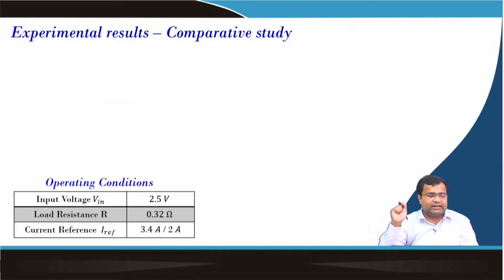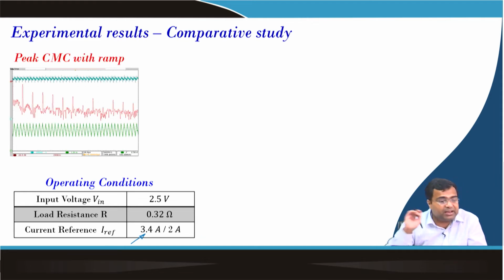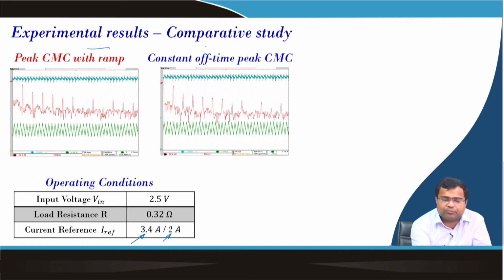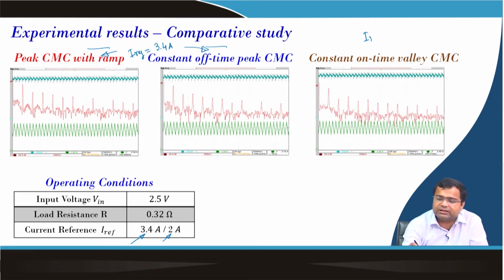So we want to show the experimental case study. At 2.5 volt input, for the peak current based architecture, which is the case of peak current mode control, and here we are considering 2 ampere for the valley current mode control, that means for constant on time. These two are peak current mode control, and we have considered 3.4 ampere as the IREF. For constant on time control, we have considered the IREF to be 2 ampere, because this is a valley current mode control.